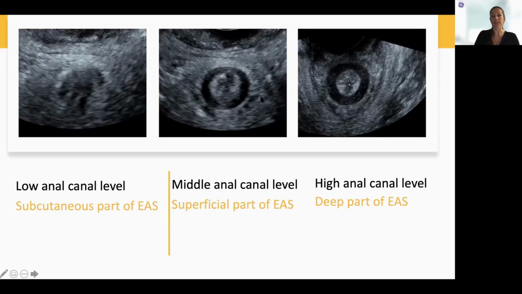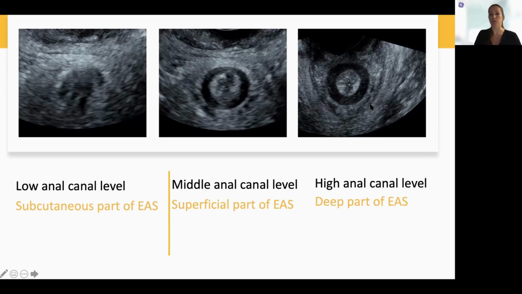When we start seeing internal sphincter, now we see the 2 rings, the hyperechoic, we are at the middle anal canal level, and where is the superficial part of the external sphincter. And then if we go above, we see that we start seeing the puborectal muscle around. You remember, I showed you anatomy picture, that puborectal muscle is surrounding the anal canal, and in that level we are in high anal canal level, whereas the deep part of external sphincter.